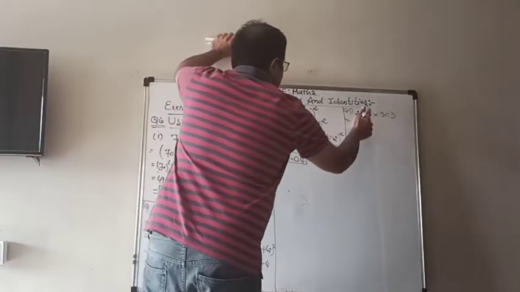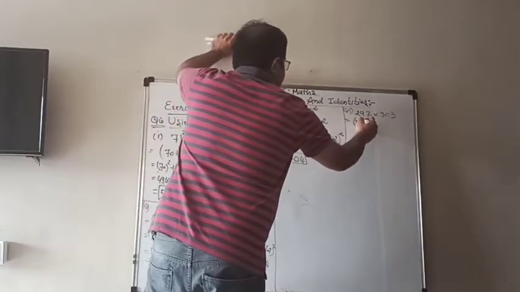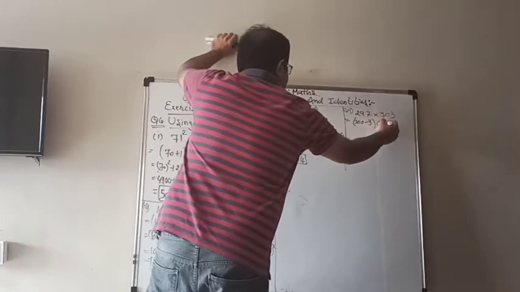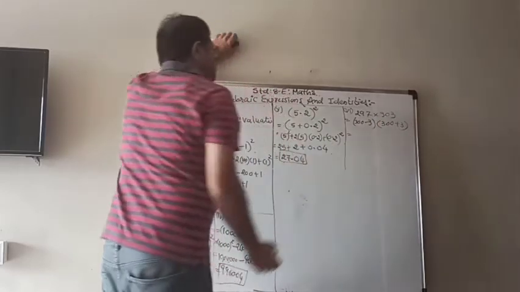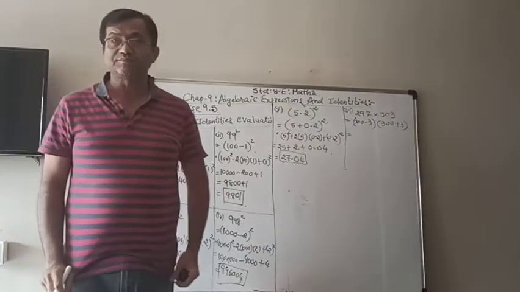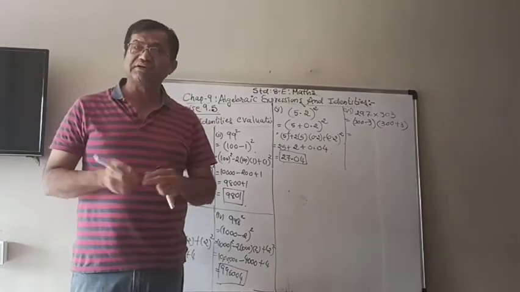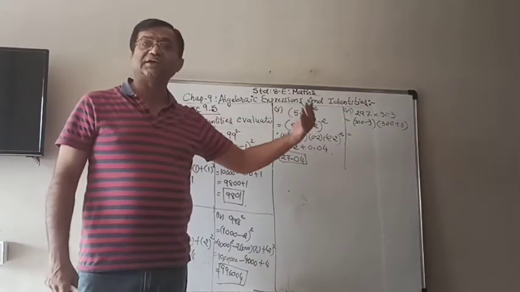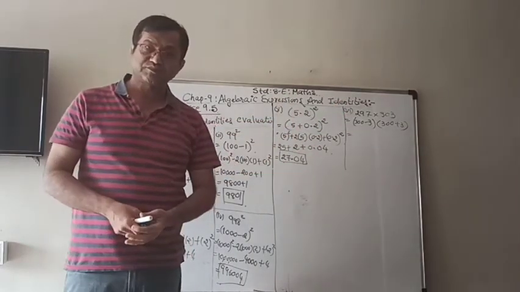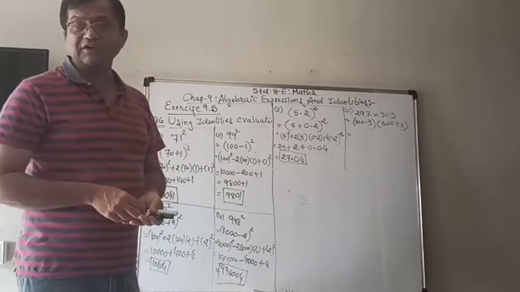So in place of 297 you can write down 300 minus 3, and here it is 300 plus 3. Now, what will we do?